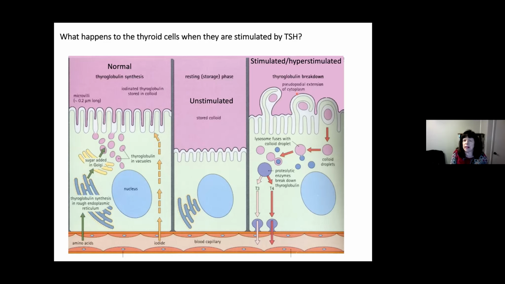And this is the story of how you make a goiter, because the TSH doesn't know, the pituitary doesn't know what the problem is. All it knows is that there's no negative feedback. So this will cause the thyroid cells to grow and grow and grow and eventually cause a goiter. So that's how a goiter is formed.